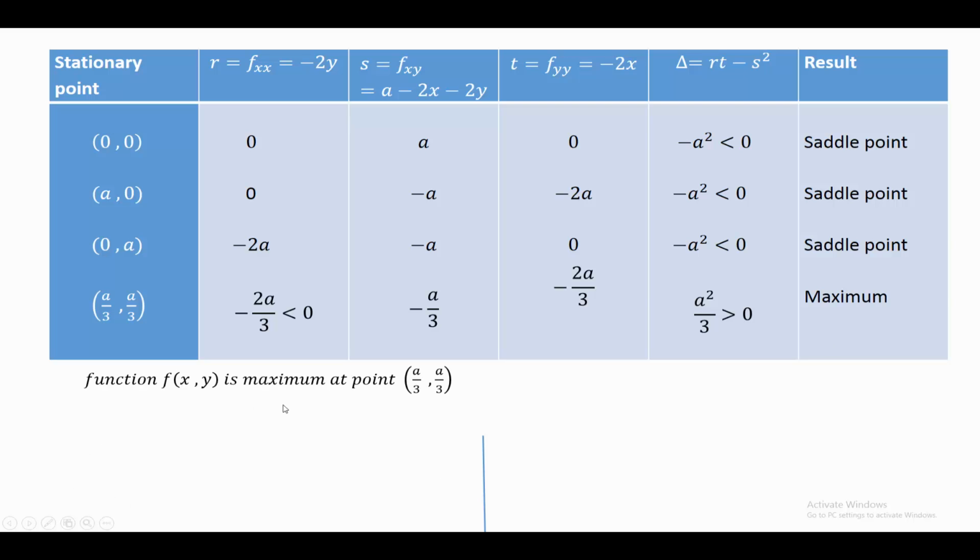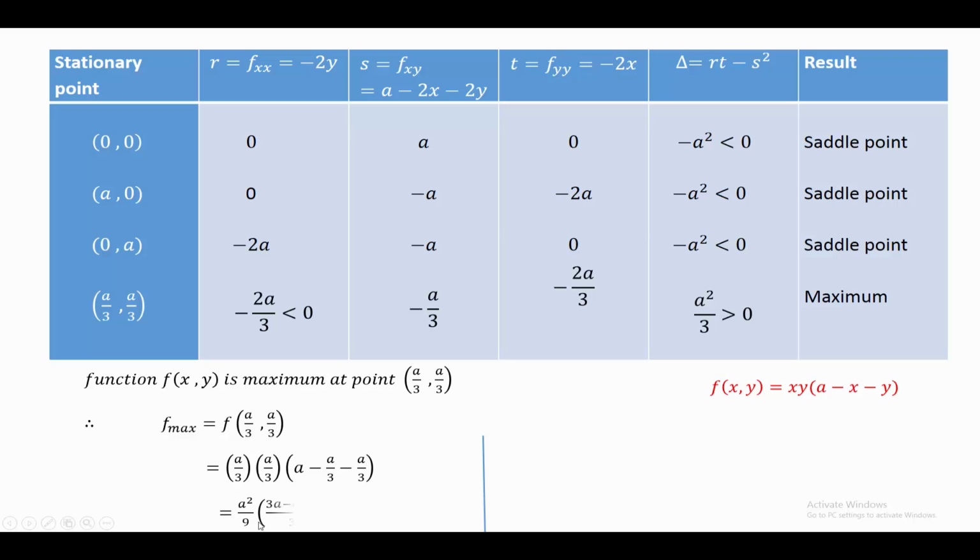Function f of xy is maximum at point a by 3, a by 3, and the maximum value of the function is f of a by 3, a by 3. Now we know f of xy is xy into bracket a minus x minus y. Here put x is a by 3, y is a by 3. So we get a by 3 into a by 3 into bracket a minus a by 3 minus a by 3.